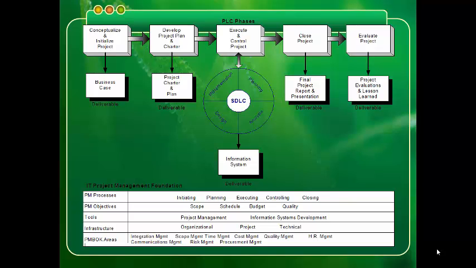The second one is the PM objectives. The PM objectives has scope, schedule, budget, and quality. The third one is the tools. So the tools has project management, information system development. The fourth one is infrastructure. So in infrastructure, we have organizational, project, and technical.